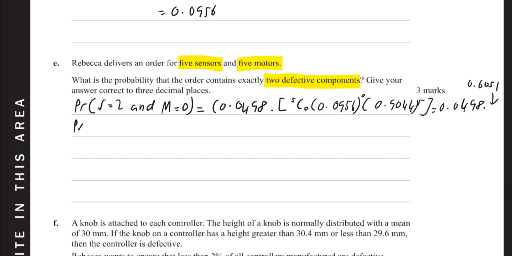Second combination, we want to find one motor and one sensor each are defective. So now we have to evaluate this.